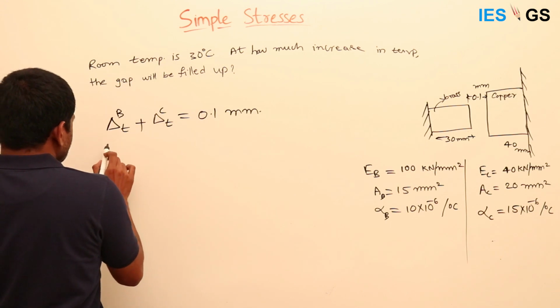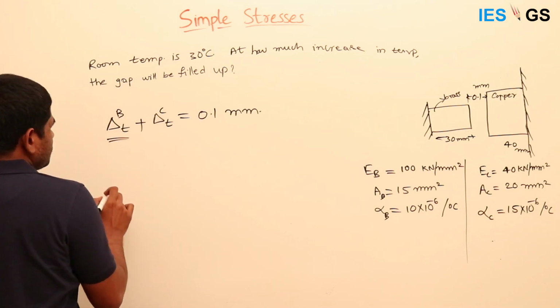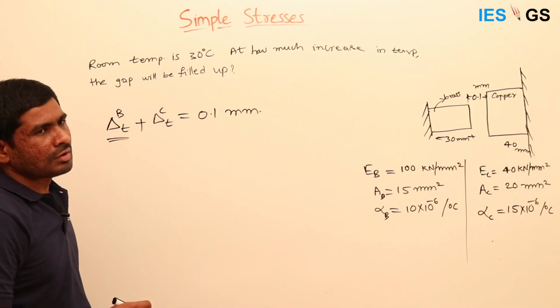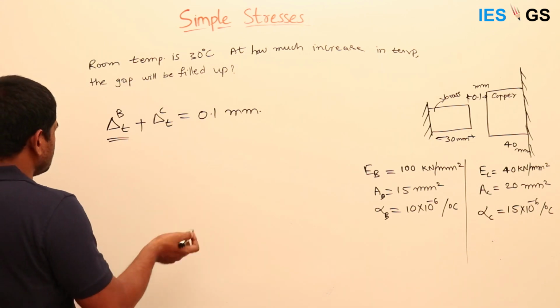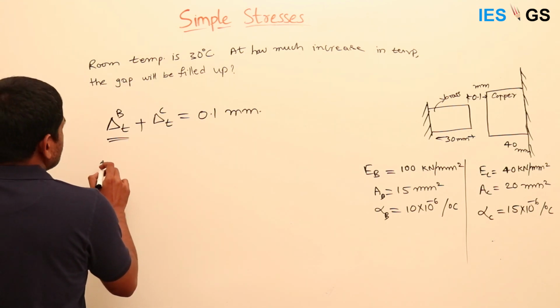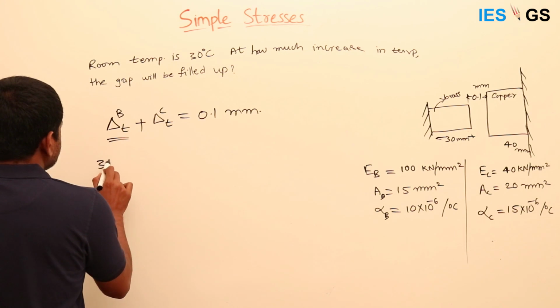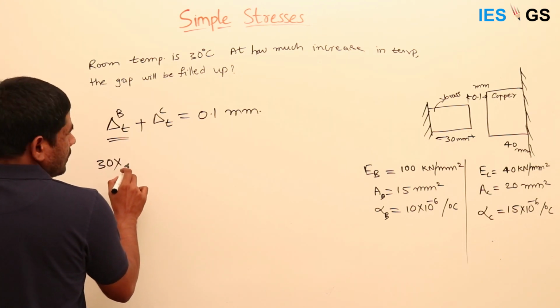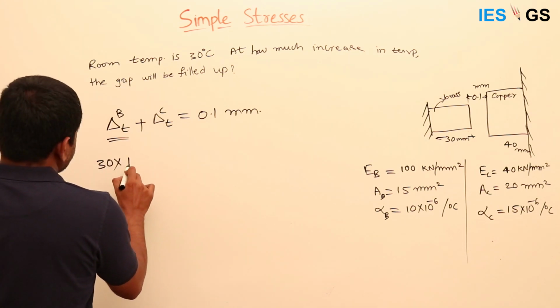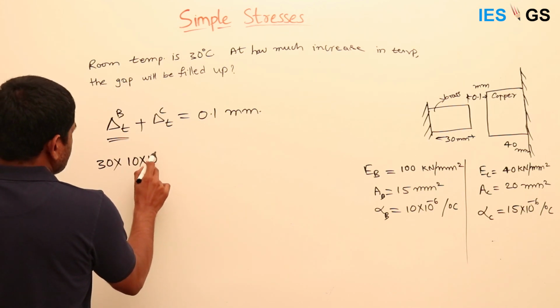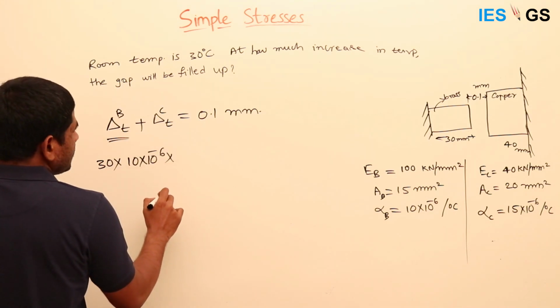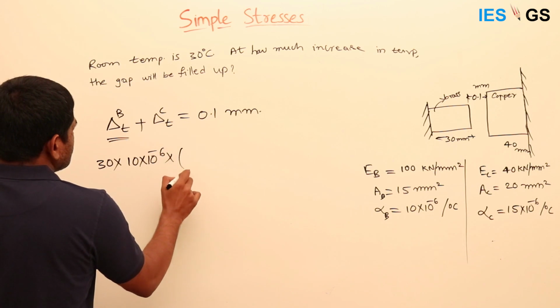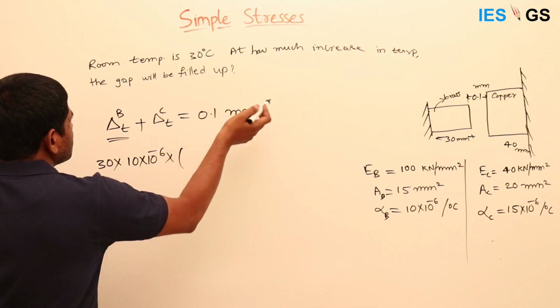For this, what is the formula? The elongation formula is L alpha delta T. Here L for the brass is 30 into alpha for the brass, 10 into 10 power minus 6, into delta T. Delta T is what we need to find out, how much increase.